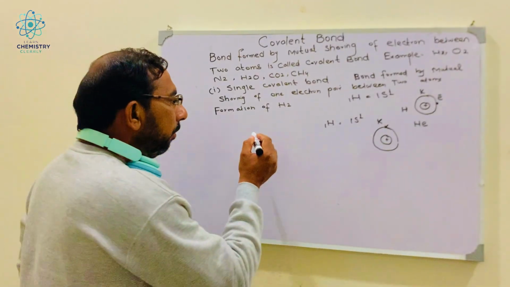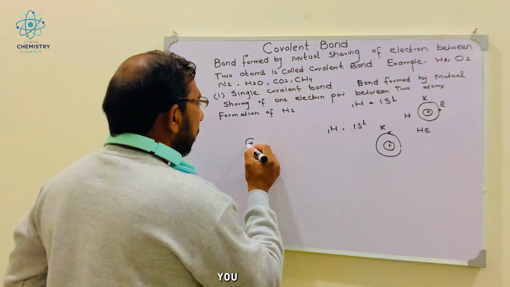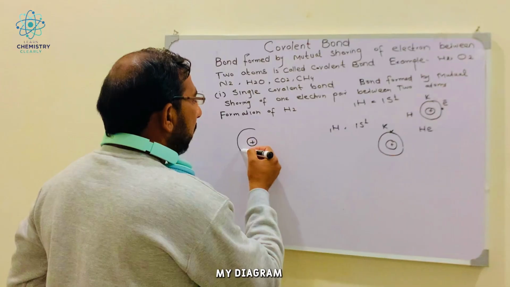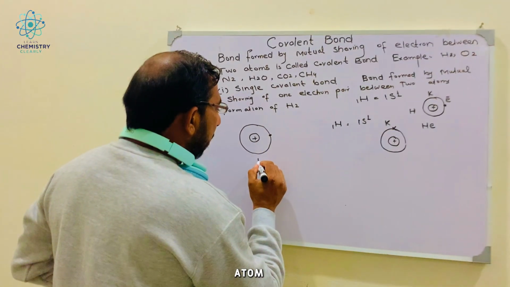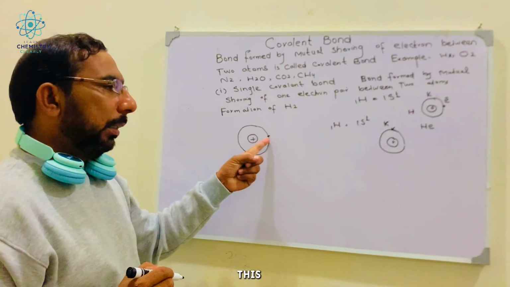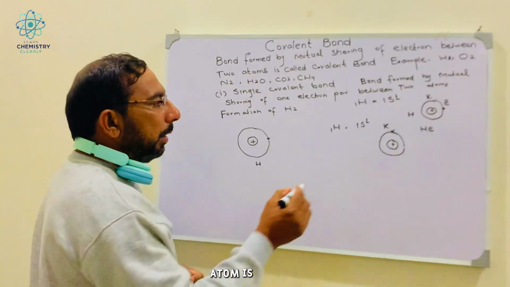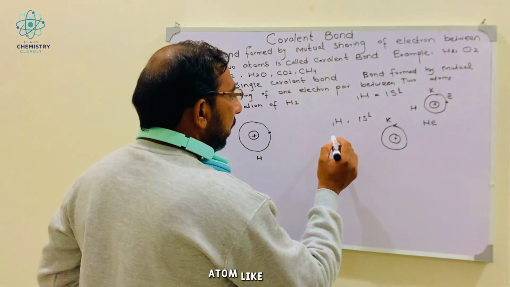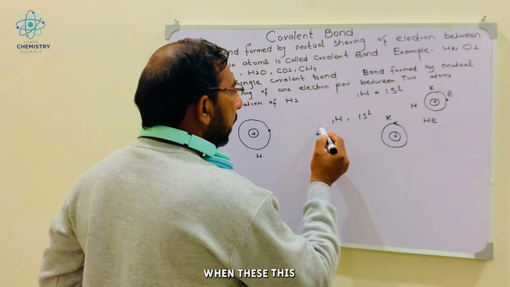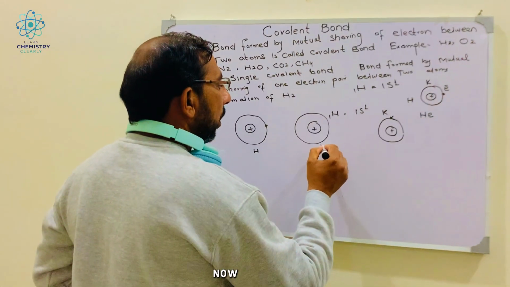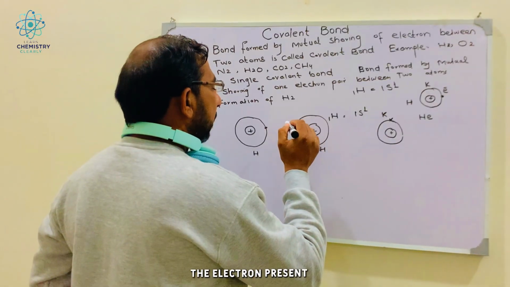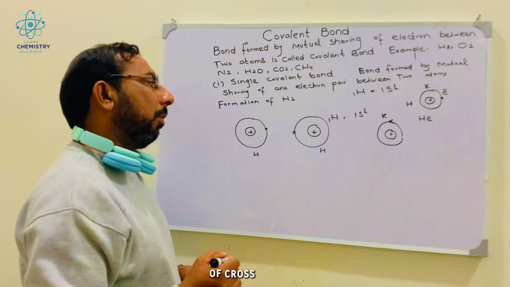This is one hydrogen atom, and I express the electron present in this atom with a dot. The other is the second hydrogen atom, and I express its electron with a cross.